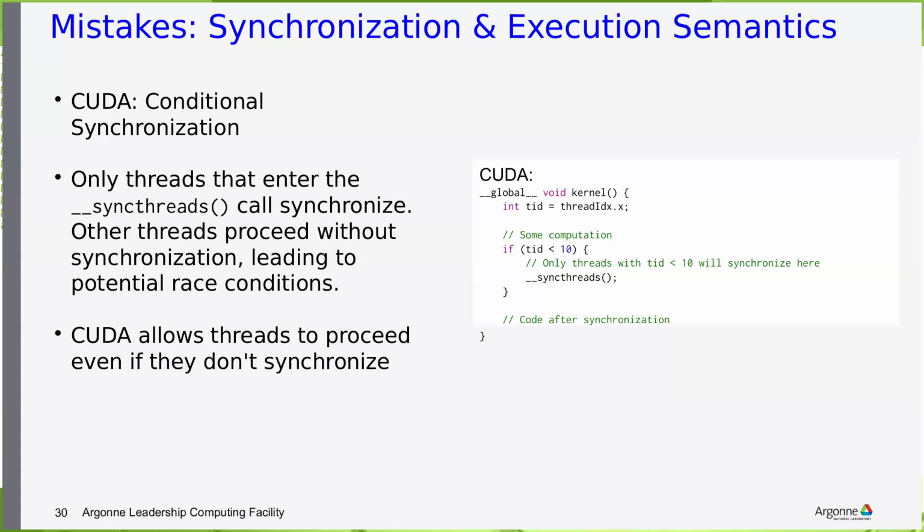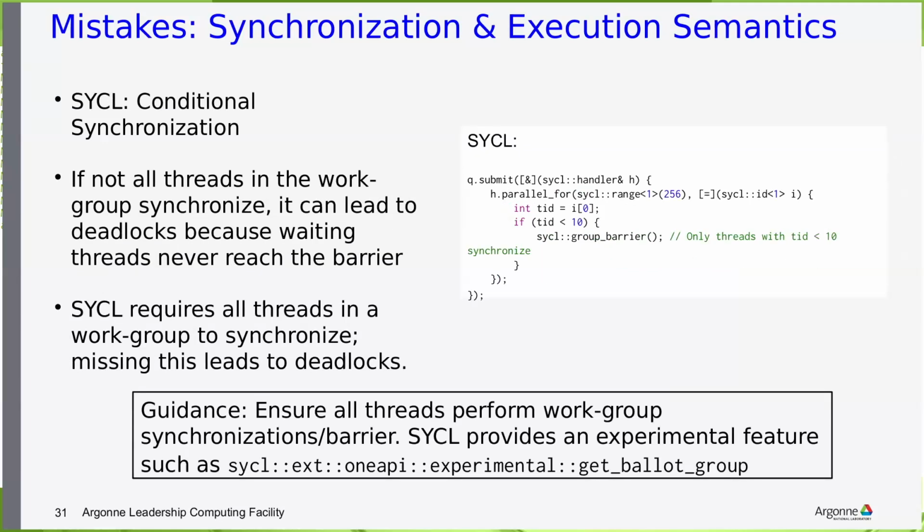So you can potentially have a race condition, but it doesn't hang or give you a wrong answer, because CUDA allows threads to proceed even if they don't synchronize in a given warp. When you port the same logic to SYCL, that does not apply, but you can still port it. We have many apps even today that ported similar logic and have seen deadlocks because SYCL does not allow conditional synchronization.